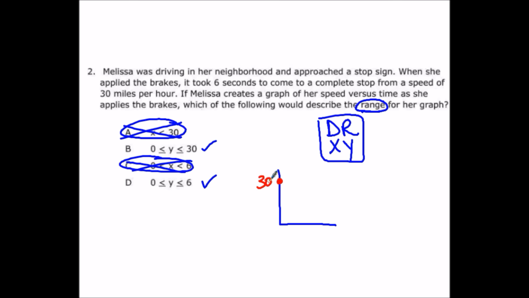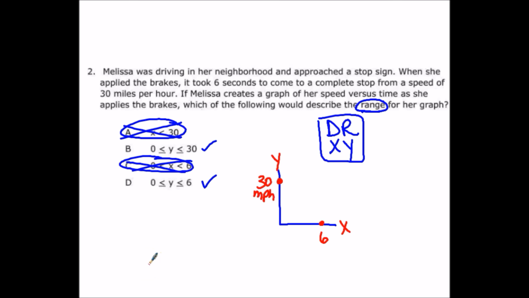And it said it took her 6 seconds to come to a complete stop. So here's my 6. This is really helpful because if 6 is seconds, which is time, which is X, which is independent, then I know that my range, which is the Y, is dealing with 30 miles per hour, is my y-axis.